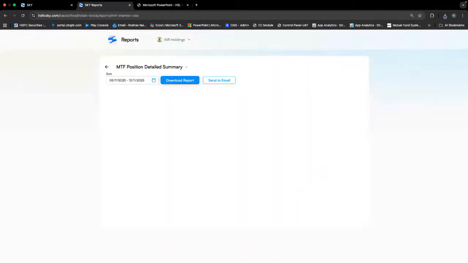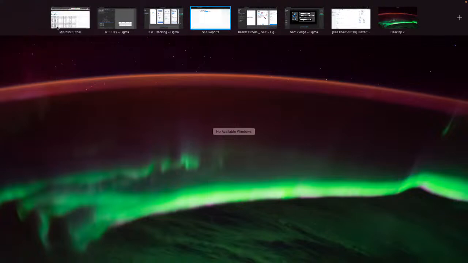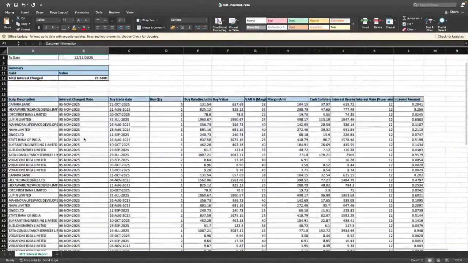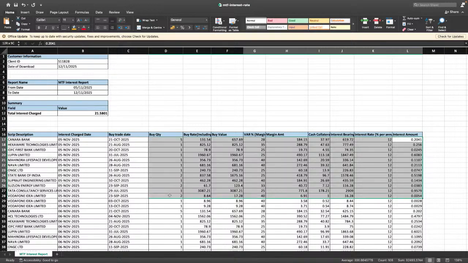One second, let me find that. Right. So as you can see, the MTF positions and a very clear bifurcation. What about the interest charged and at what rate? Right. As you can see, yesterday on 5th November, for each position, what interest rate was charged is very clearly bifurcated in this report.